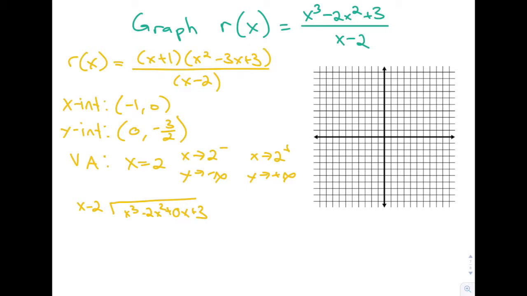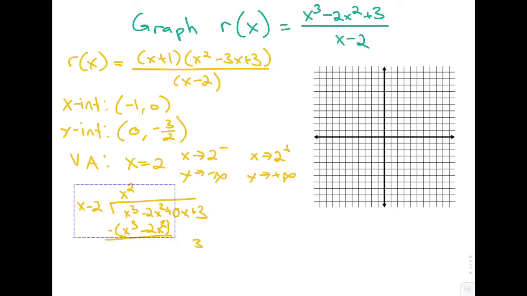So what do we need to multiply x by to get x cubed? We need to multiply it by x squared. So then we have x cubed minus 2x squared. We subtract that, so we have 0, and we have plus 0x. So nothing happens. So we pull down the next one, 3, and obviously we can't put anything. x - 2 can't go into 3.